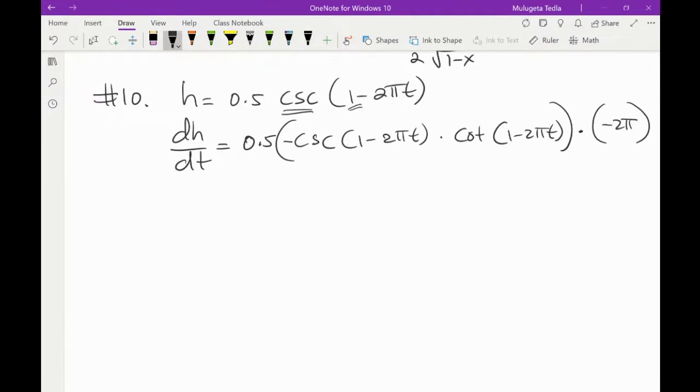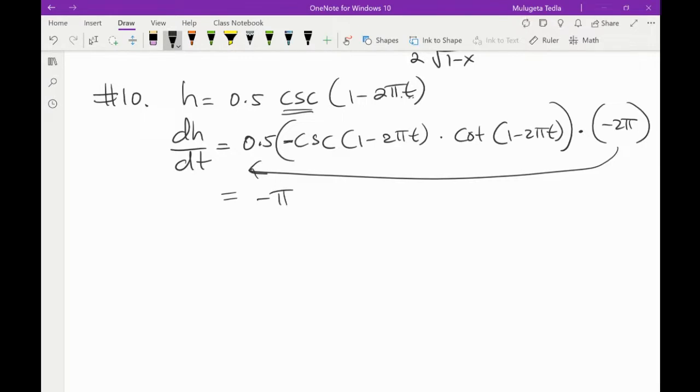Really, the derivative of 1 is 0. The derivative of this, your variable is only t. What's multiplying t? 2 pi as a number, right? So that's negative 2 pi. So here I can bring out this multiplier to the front. Minus 2 pi times 0.5 is minus pi, because 0.5 times 2 is 1.